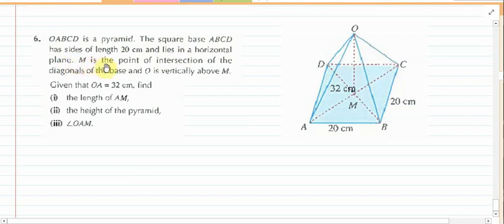M is the point of intersection of the diagonals of the base and O is vertically above M. Now vertically we know that it represents the angle 90. Given that OA is 32, this slant height OA is 32, find the length of AM, right?